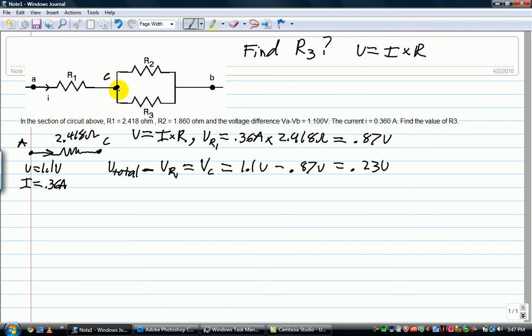And so that is our voltage at C. So again, that's equal to V sub C.